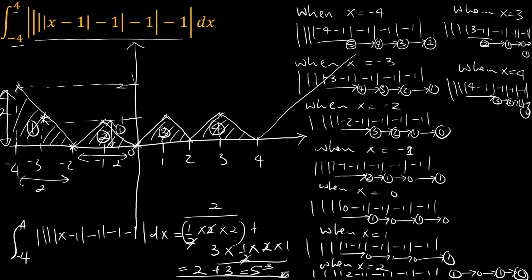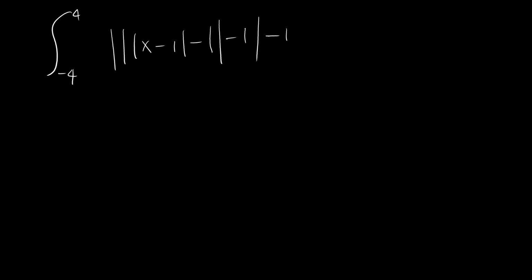And so to sum it up, we're saying that the integral from -4 to +4 of the absolute value of x minus 1, absolute, minus 1, absolute, minus 1, absolute, is equal to 5.